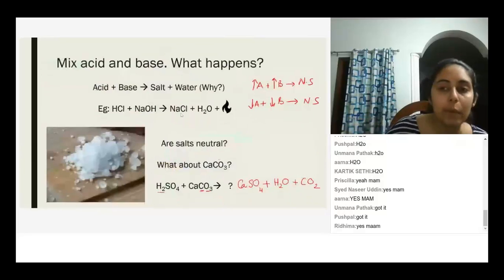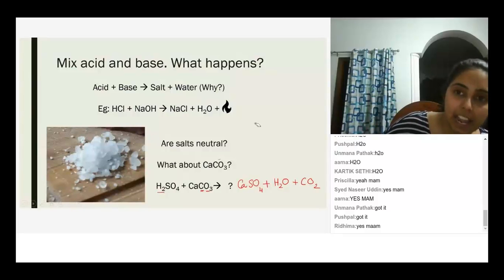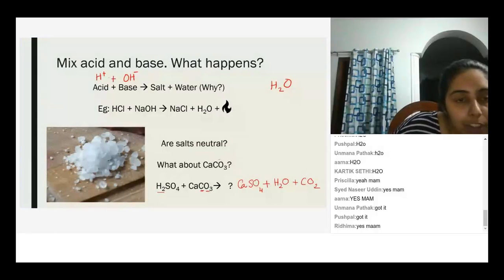And what did we say is the chemical formula for water? H2O, right? We know that acids release H plus ions and bases release OH minus ions. How many hydrogens are there if I add both of them?